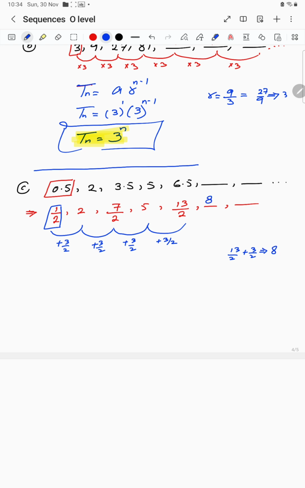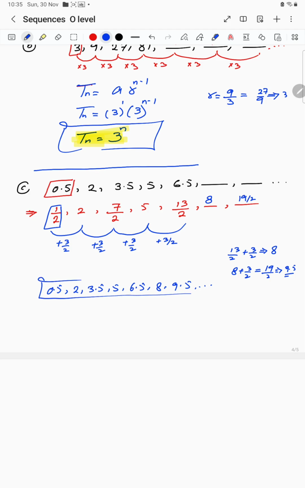Then 8 plus 3 by 2 is 19 by 2, or in decimal, 9.5. So finally I will write my answer in the original form: 0.5, 2, 3.5, 5, 6.5, then 8, then 9.5. This is the pattern. I hope everyone gets it.